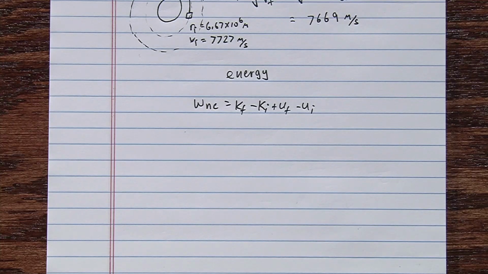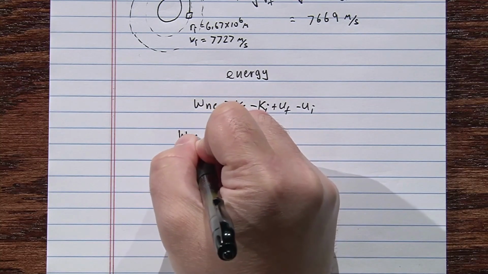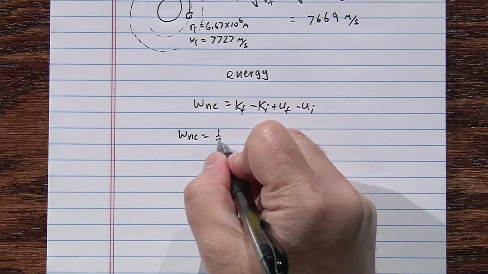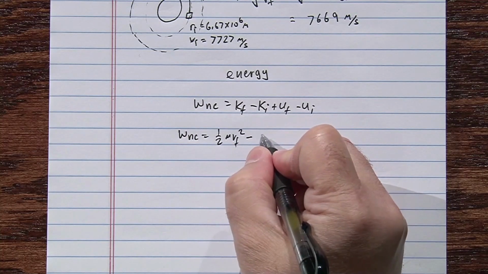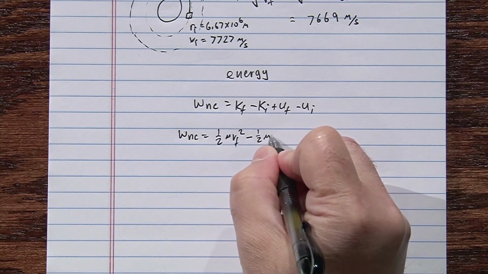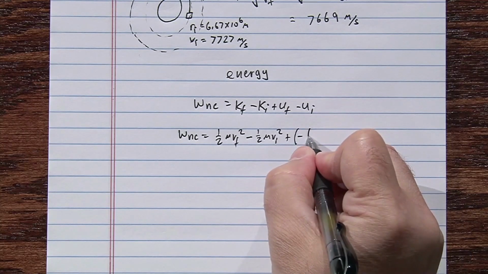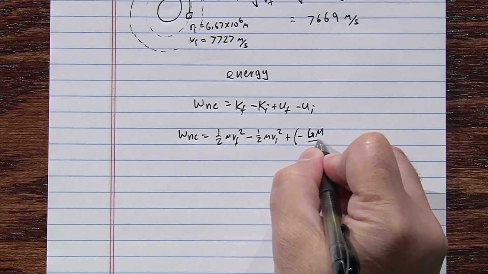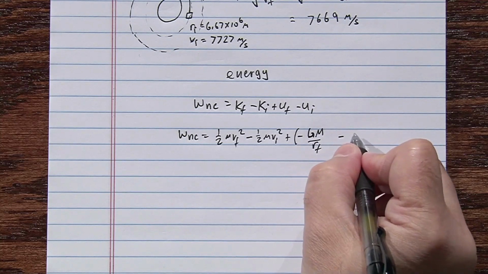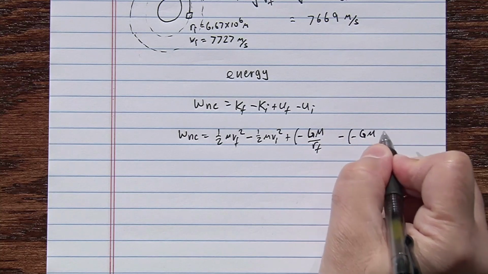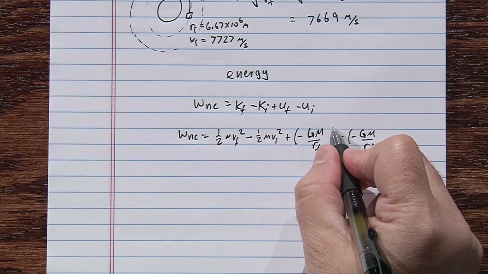It's just time to solve the equations. So work non-conservative is equal to 1/2 m v final squared minus 1/2 m v initial squared minus GM over r final minus GM over r initial. That's K final minus K initial plus U final minus U initial.